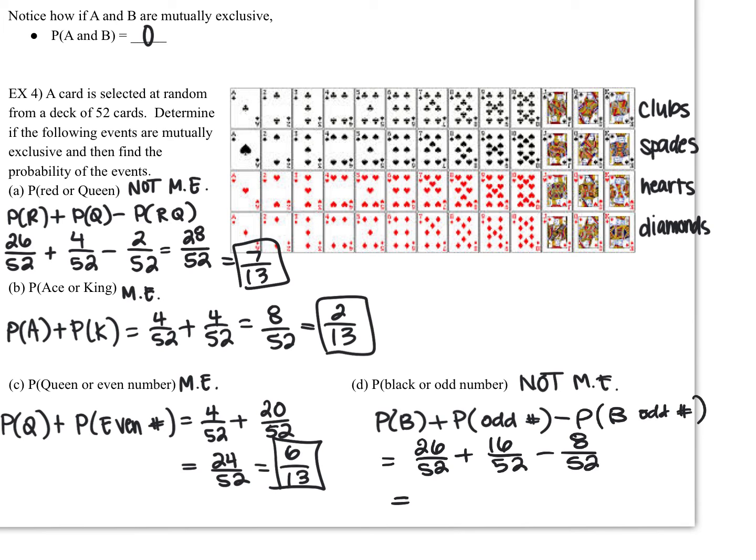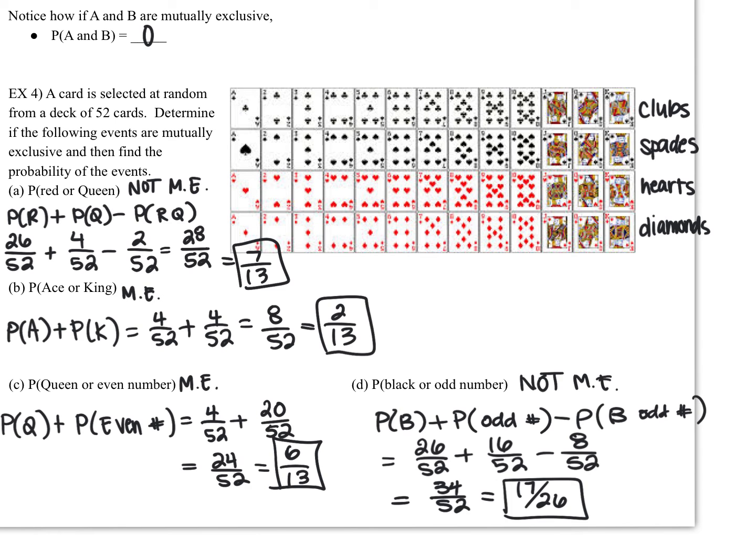So 26 plus 16 minus 8 is 34 over 52, which is 17 out of 26, which is 0.654.